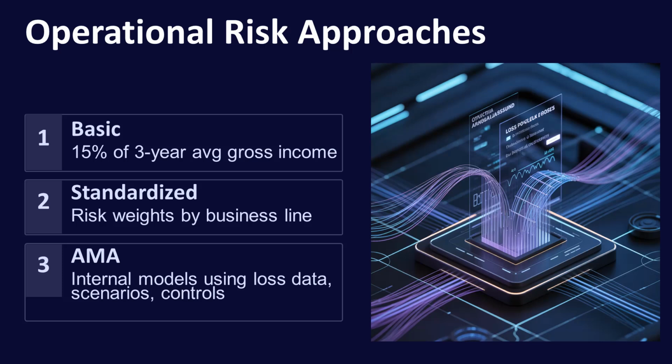Standardized approach: breaks down income by business line and applies specific risk multipliers. Advanced measurement approach: banks build internal models using internal loss data, external event databases, scenario analysis, and control environment indicators. This reflects the maturity of the bank's operational risk framework. The more advanced the method, the more risk-sensitive, but also more demanding to maintain.